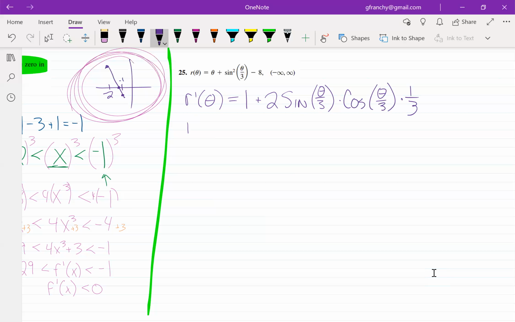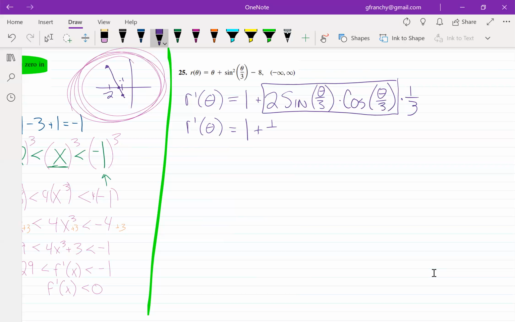So now we're just going to go ahead and do some work to clean this up here. If I'm going to look at the behavior of this, something that I might want to do to simplify this giant term, what I just boxed here, I can rewrite this using the double angle formula.